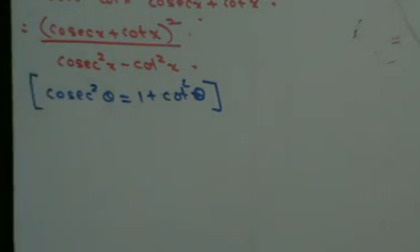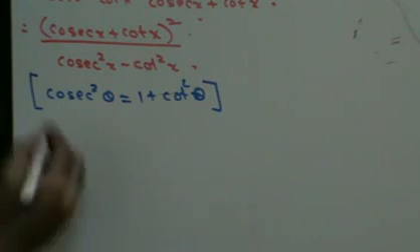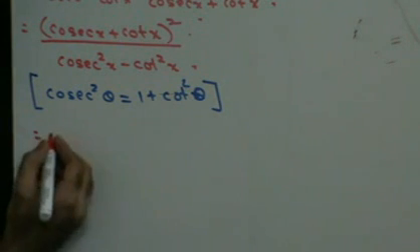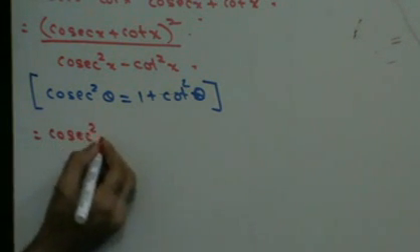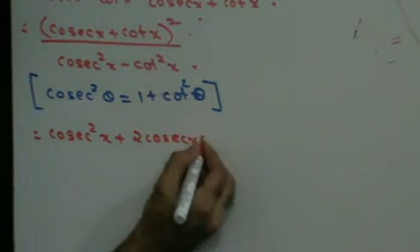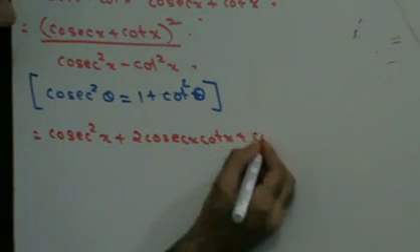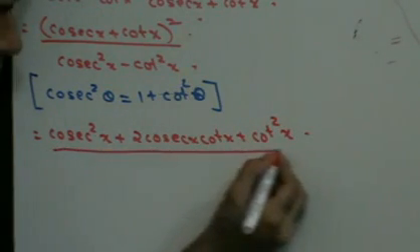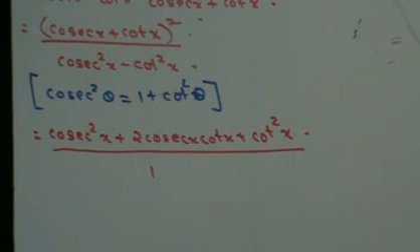That means here the denominator can be substituted as 1. The numerator is in the form a plus b the whole square, which will be a square plus 2ab plus b square. And the denominator, if I use the identity, becomes 1.